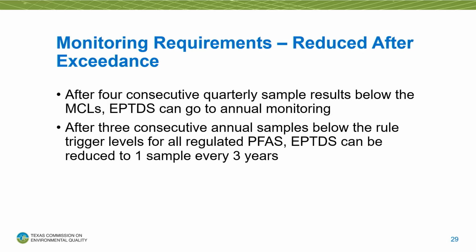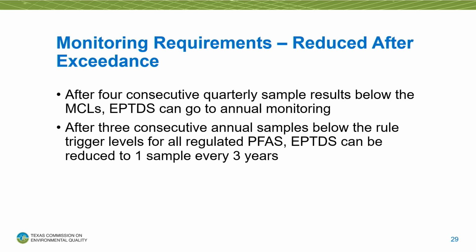And then when the MCL compliance comes in, that would be based on a running annual average to determine if an MCL violation would be issued. So like our other contaminants, it would be based on a running annual average of those 4 quarters. And if that's greater than the MCL, which is 4 parts per trillion for PFOA and PFOS, then that would be a MCL violation.